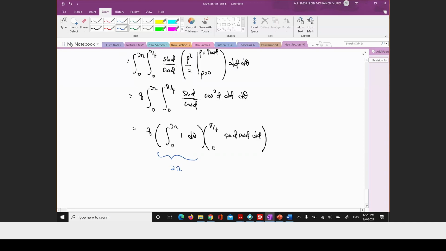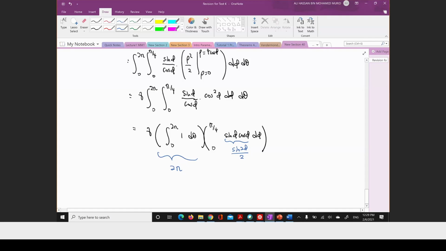For the second integral, what should we do? Use substitution, or this is equal to sine 2 phi over 2, right? You can also use this identity.